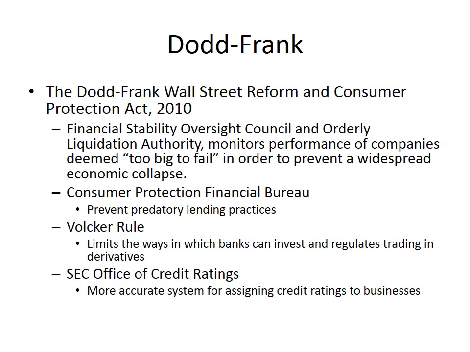The Volcker Rule, which limits the ways in which banks can invest and regulates trading in derivatives. And finally, the Office of Credit Ratings, which has attempted to improve not so much household credit ratings that you and I know, but a more accurate system for assigning credit ratings to businesses at all levels.